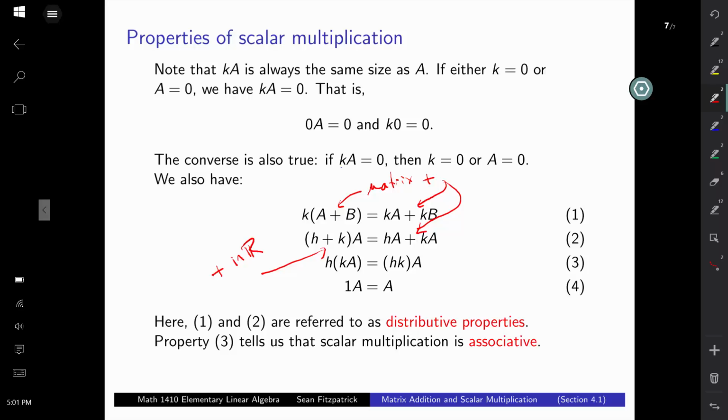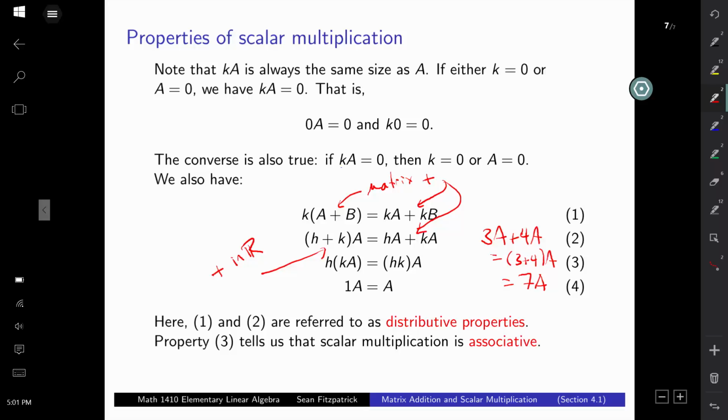That's why there's two different distributive properties, because one is distribution over matrix addition, the other is distribution over scalar addition. And as usual, this second one is what allows you to group like terms, right? So this would tell you that, for example, if I had 3A plus 4A, that's 3 plus 4 times A, so I get 7A, as you would expect.